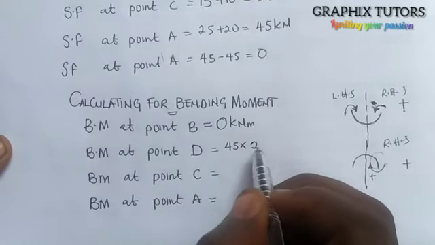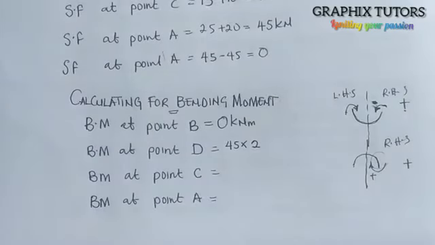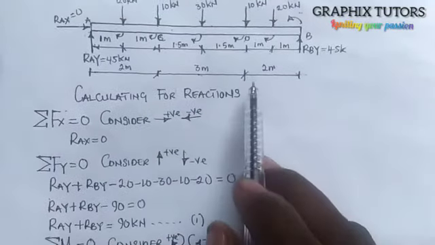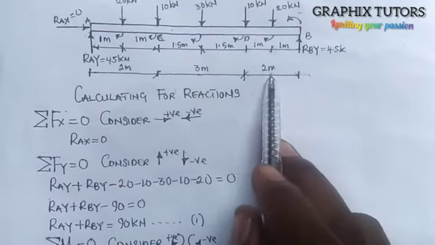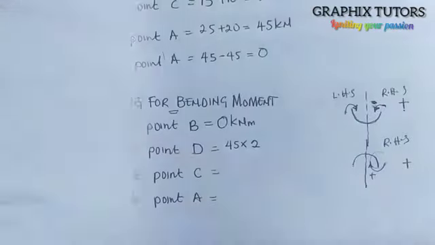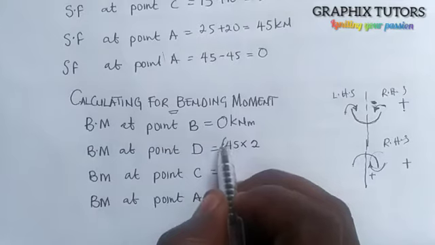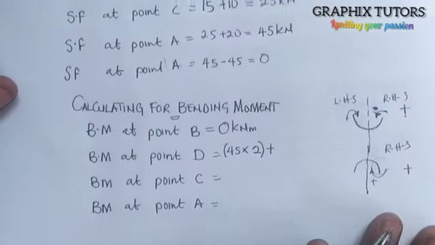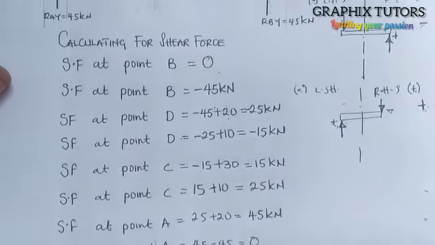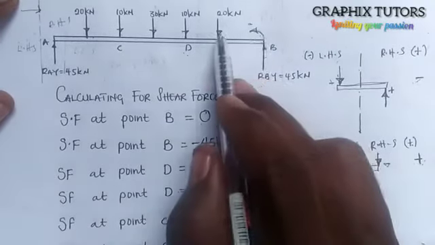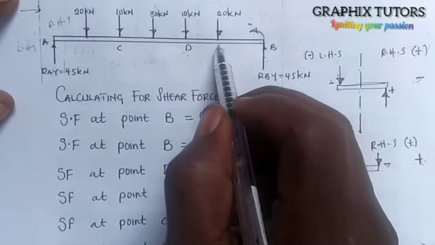Because from point D to B, that's like what I illustrated here, from point B to D is 2, right? So that one point, multiplying the force times the distance. So that's 45 times 2, plus, now the next force there on that domain before D is 20, and the 20 will be coming towards what?